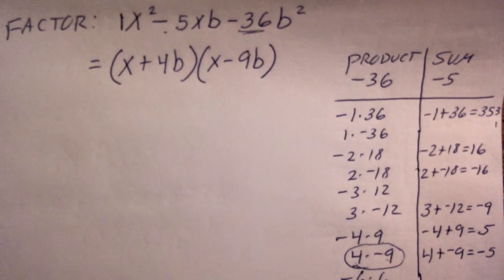All right, section 6.3 is having us factor difficult types of trinomials now.